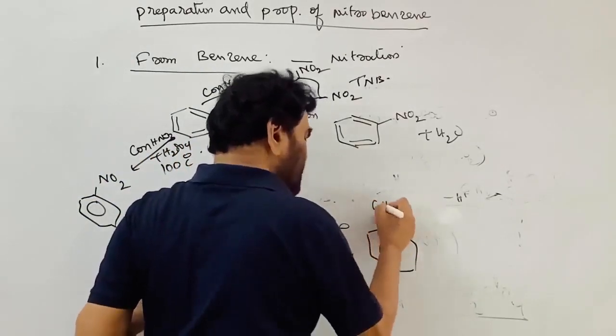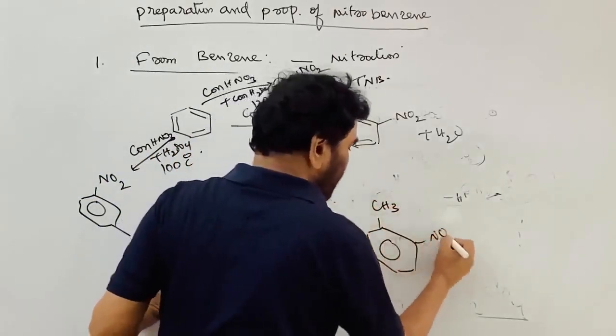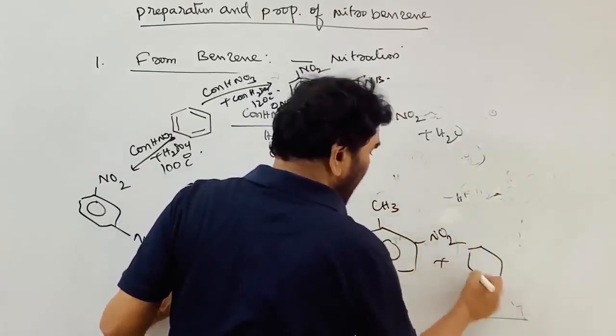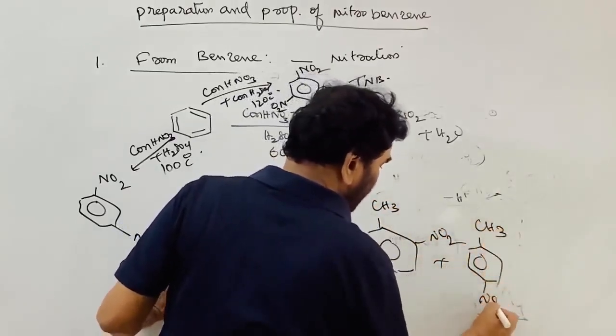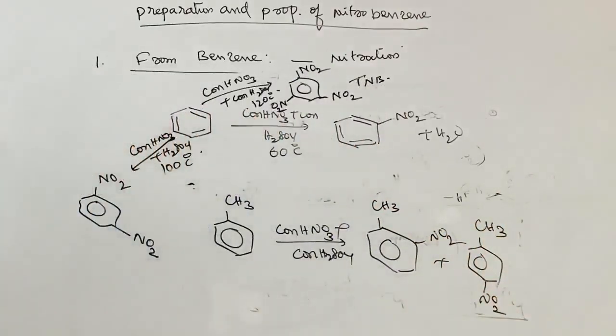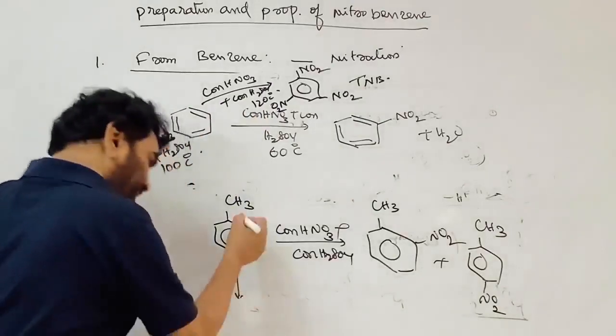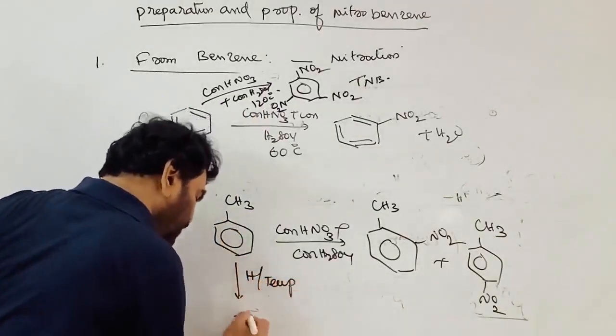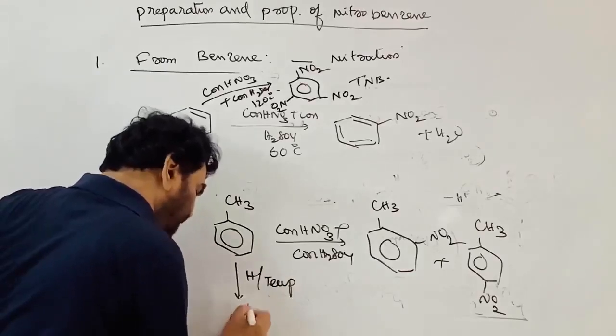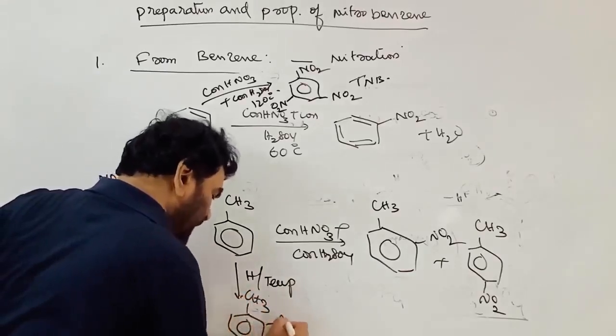It gives orthonitrotoluene and paranitrotoluene. Both are formed, but because of ortho effects the percentage of paranitrotoluene is more. On treatment under high temperature conditions, 2,4,6-trinitrotoluene is formed, which is known as TNT.